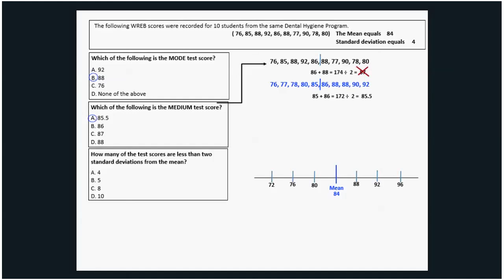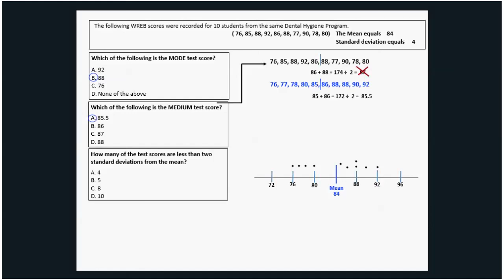Then what we're going to do here is we're going to have to plot them. So we've got 76, we've got 77, 78, got an 80, 85, 86, 88, 88, a 90, and a 92. So then we say, how many of the test scores are less than 2 standard deviations of the mean?